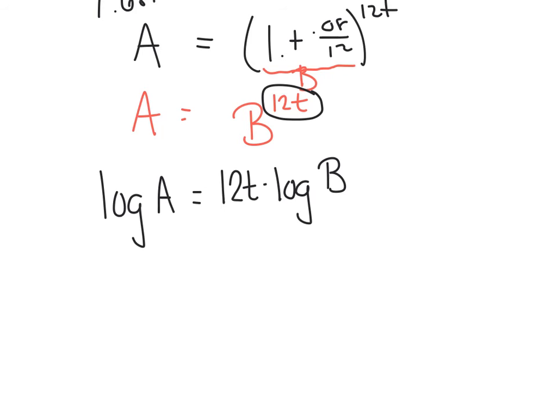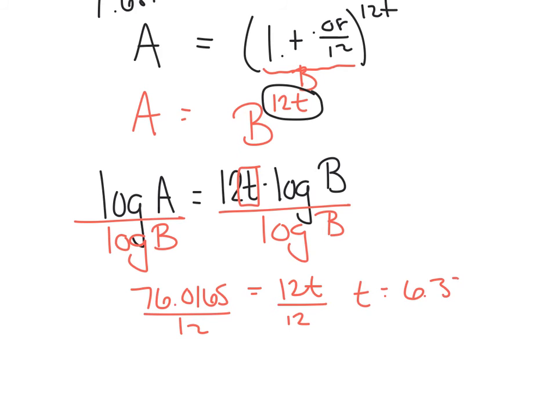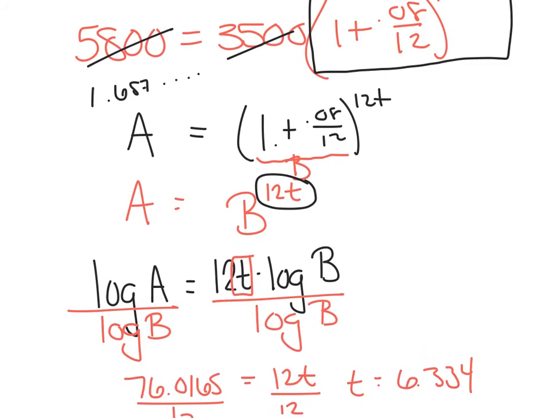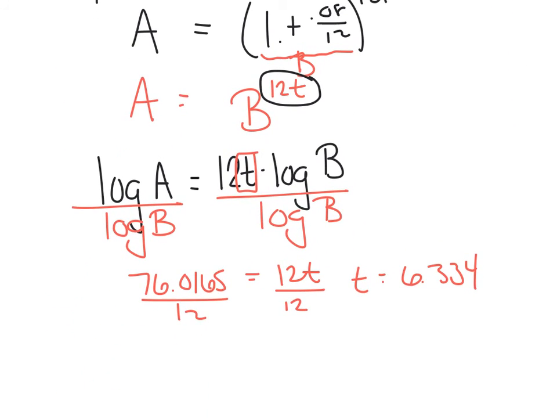So it's 12t times the log of B. Now my goal is to get that t by itself, so I'm going to divide over the log of B. Make sure you stored things into A and B. And I get some 76.0165, etc. number equals 12t. I'm just going to take that number and divide by 12. So I get an answer of 6.334 years. And did it say round? It did not. So it's going to take approximately 6.3 years.